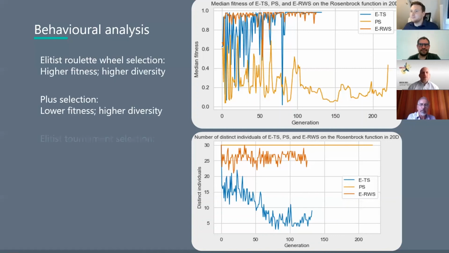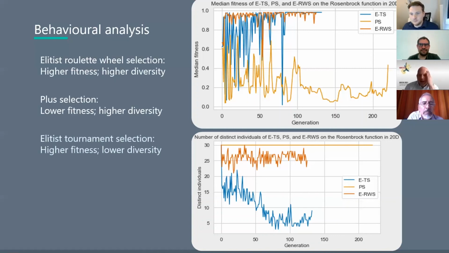What is the difference between plus selection here and elitist roulette wheel selection in terms of median fitness on the top diagram? The elitist roulette wheel and the default. The difference is that the objective values, let me think.